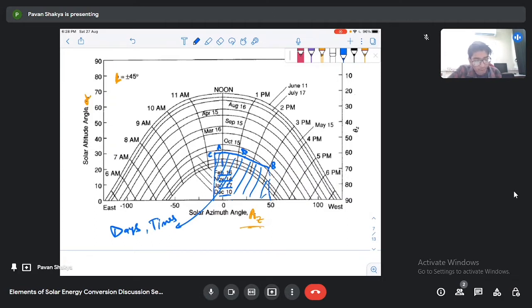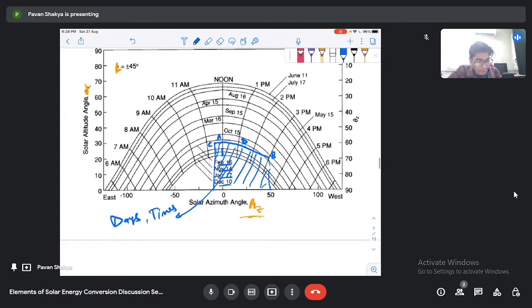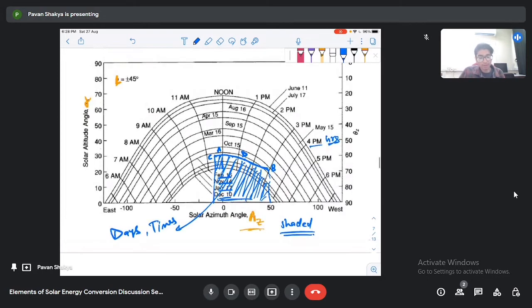This line is for noon, this one is 11 a.m. So let's say this is around 11:30 a.m. So for these days and these hours, all the hours on these days will be shaded. So that's all the question is asking about.